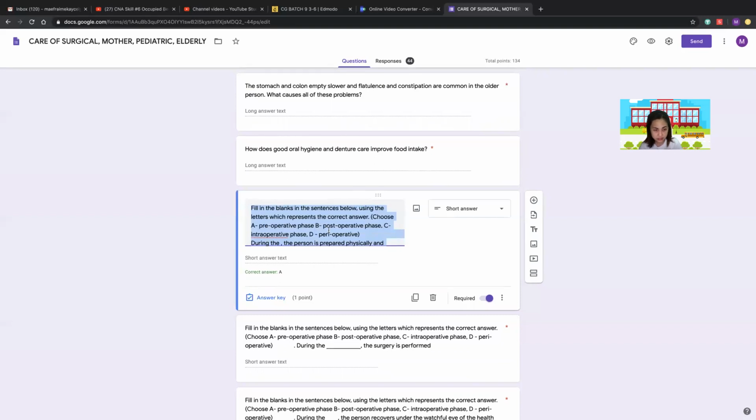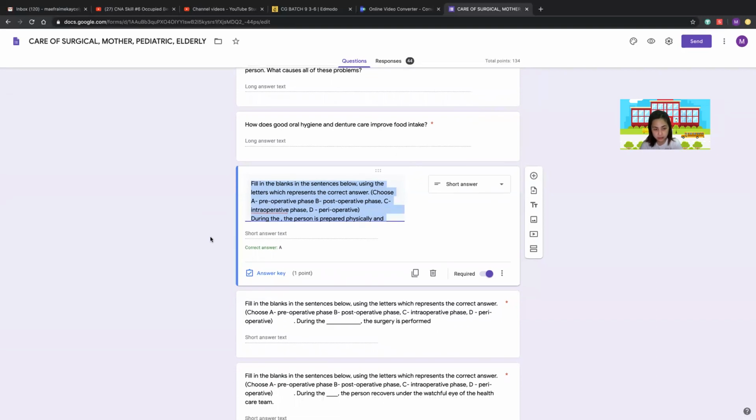You just identify the preoperative phase, the postoperative phase, the intraoperative phase, and the perioperative phase. As I've told you, preoperative are those activities that you do for patients before operation. Postoperative are those activities you do after operation.